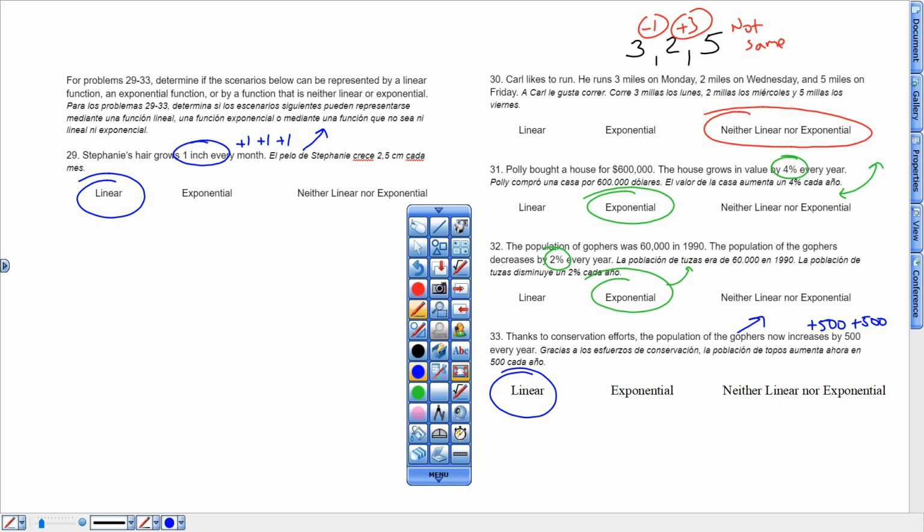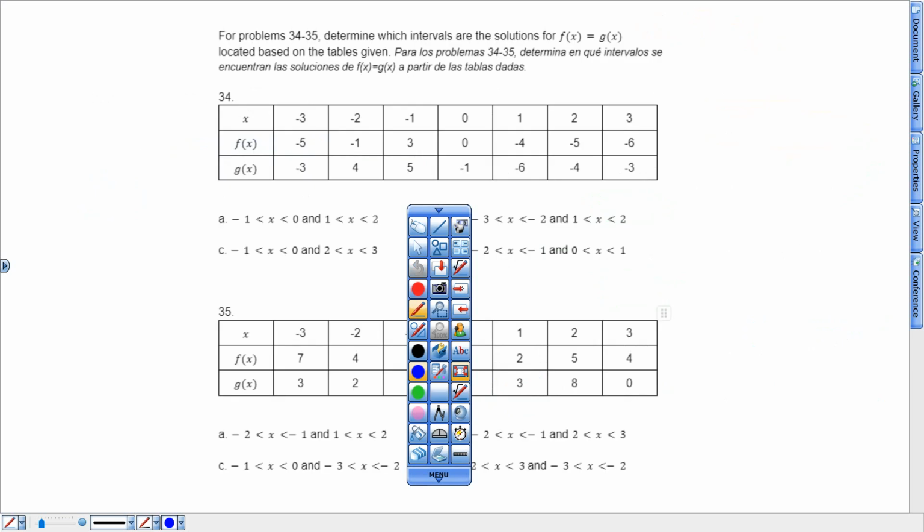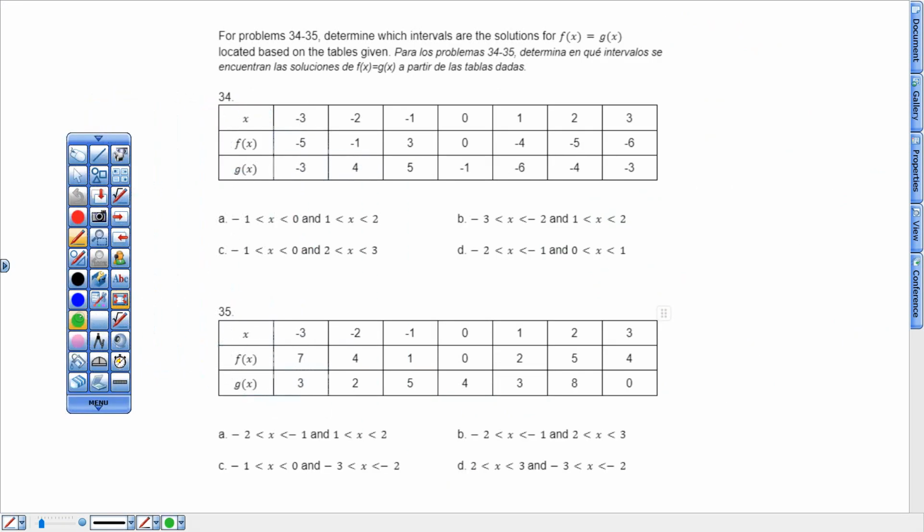All right, moving on. For these, again, here's how I'd like you to do it. Looking at these numbers right here, finding a pattern of big and small. So if I look at -3, -3 is bigger than -5.